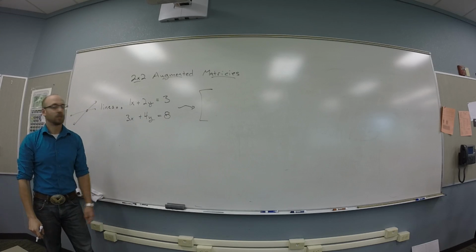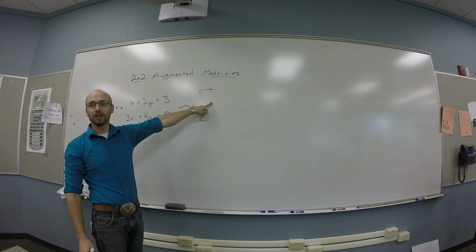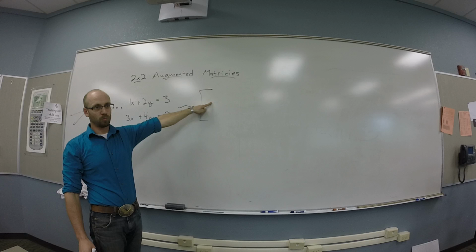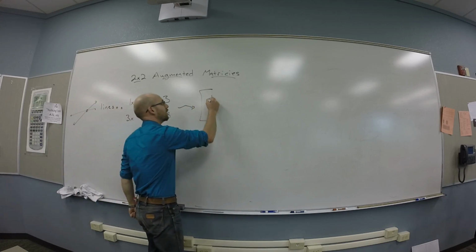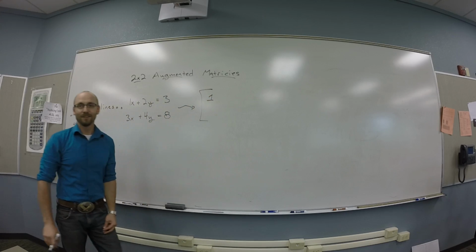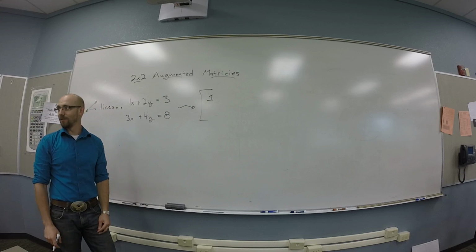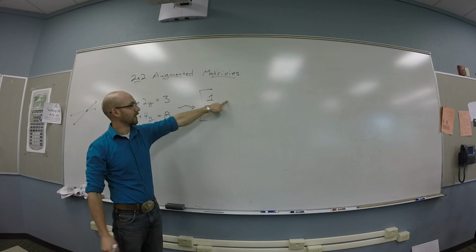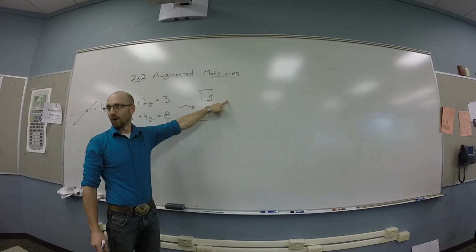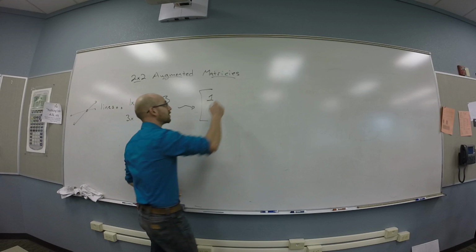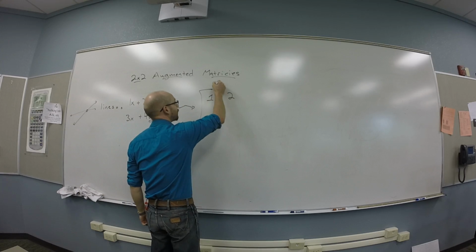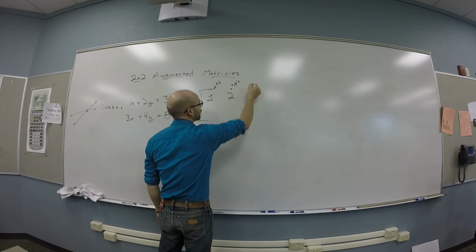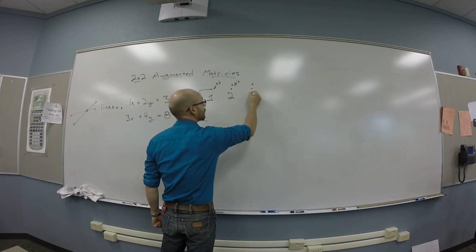Okay? So this number here is going to be the number on x in the first equation, which is what? 1. Okay, I'm not writing down an x, I'm just writing that coefficient down. What's the next number going to be? 2. Probably 2, because that's going to be the y's. So first column I'm thinking x's, second column I'm thinking y's, third column is going to be 3, the numbers.